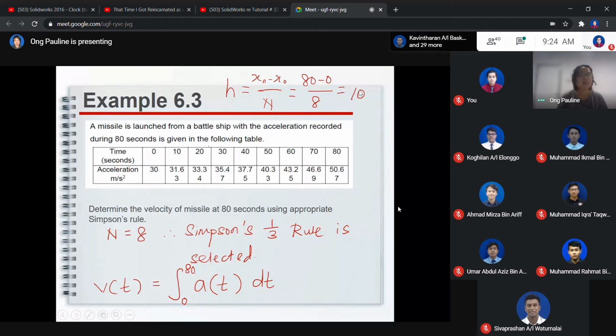H is 10. But however, if you observe the step size for the H here, okay, the differences are all 10 here. So from here, I already can know that the H is 10 without using the equation. So either one, you can base on the observation where your H is 10, or based on the calculations here, you get H equals 10. But this saves time, look here, you know that H equals 10.